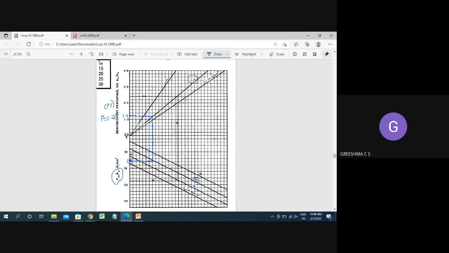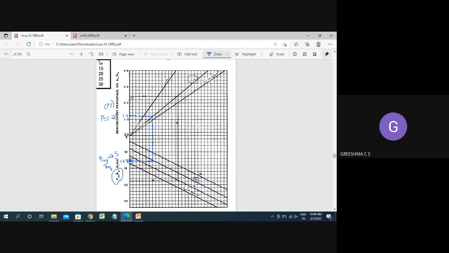The point has come between 12 and 13, so we can take it as 12.5. So from the graph, Puz divided by Ag is equal to 12.5.